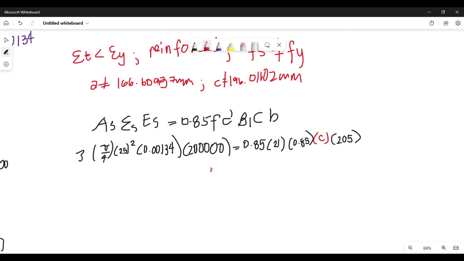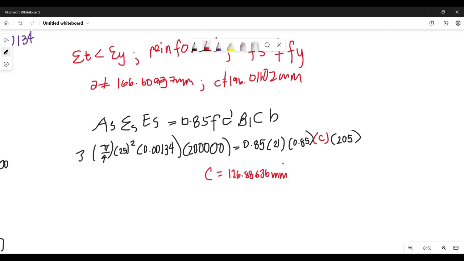Our C here is equal to 126.88636 millimeter. There, we got C. 126.8636 millimeters. So why is mine coming out different? Your B is 205.